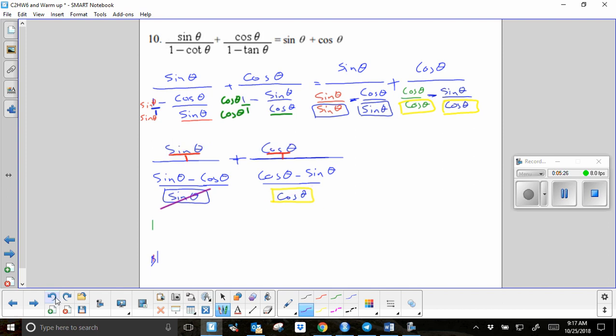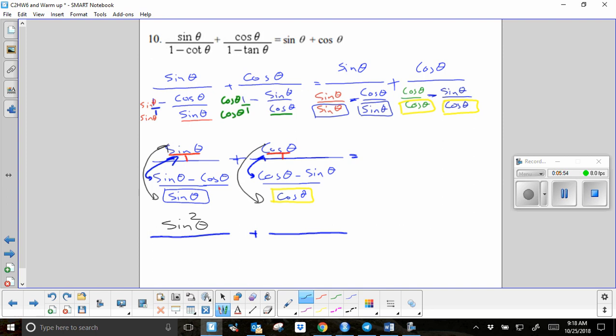So what I'm going to do, I am going to go top to top, bottom to bottom, or near to near. So I'm going to write it right here. Far, far, on the top. Sine times sine is what? Sine squared. Same thing right here. Far, far, cosine times cosine.